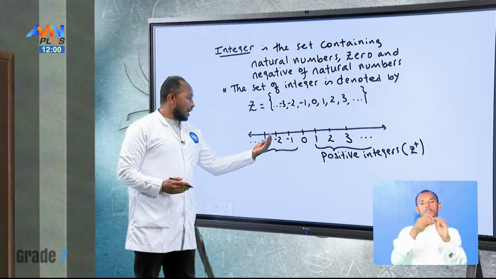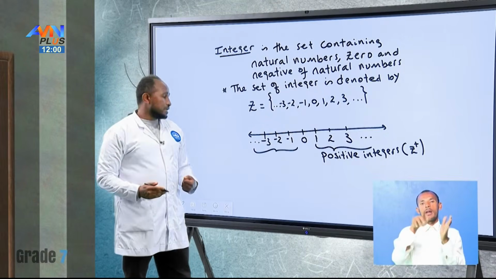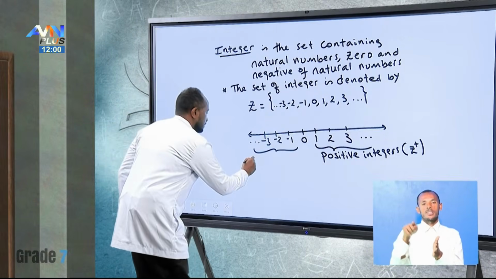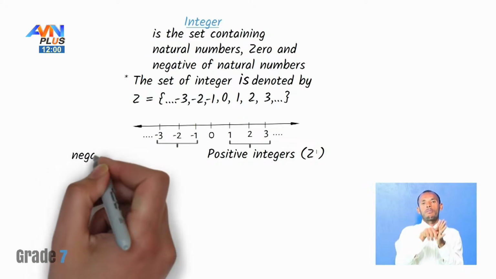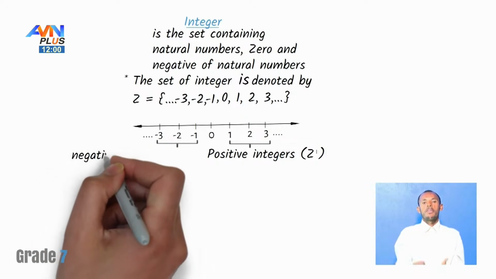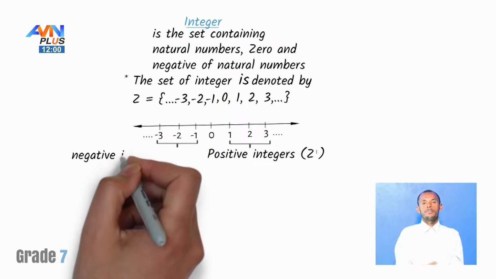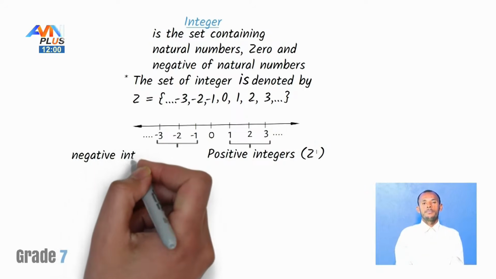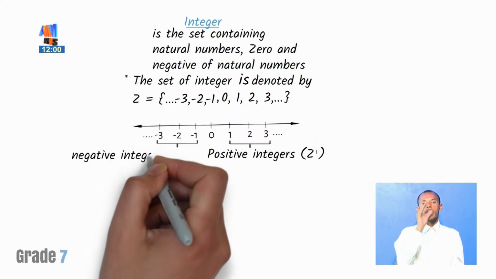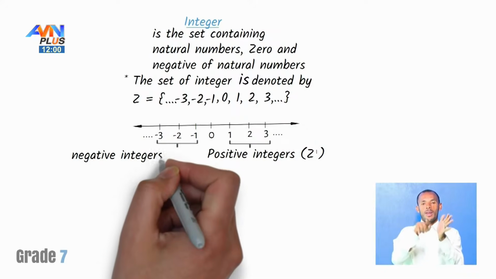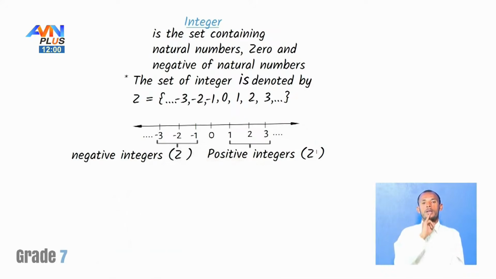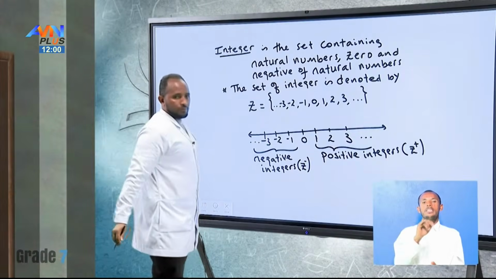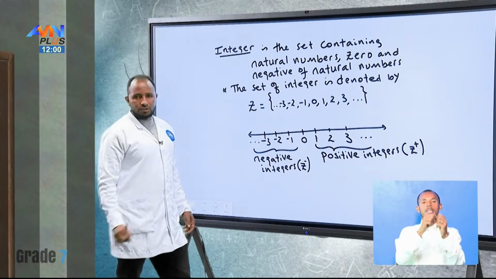So these are negative integers. Symbolically, negative integers are written in this form, Z with minus sign.